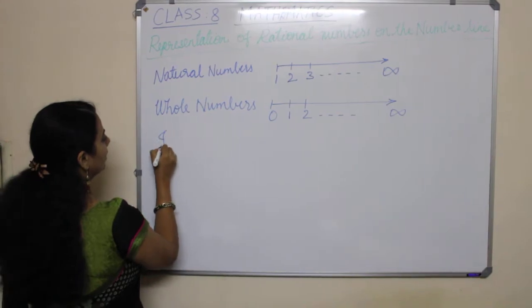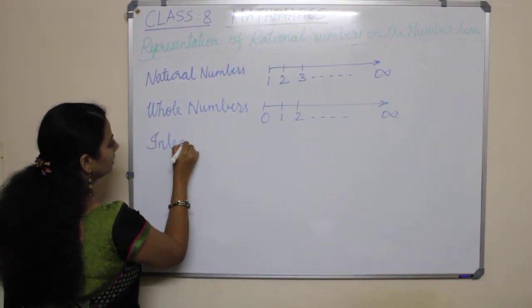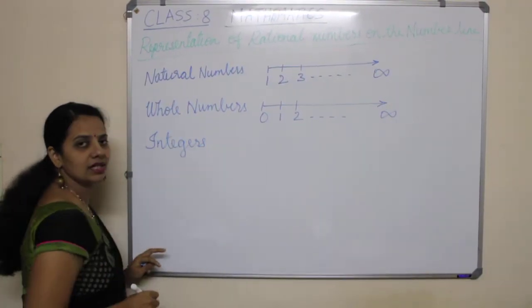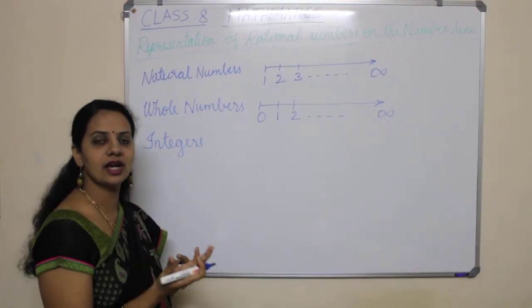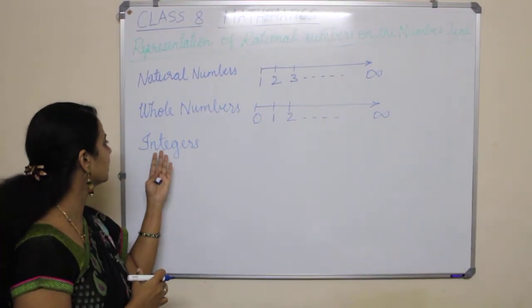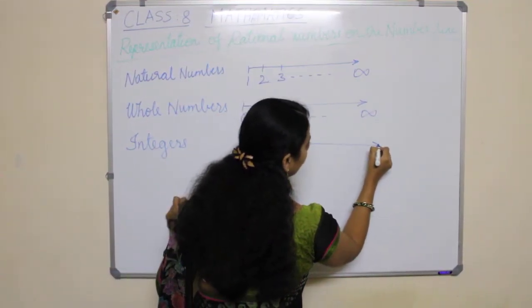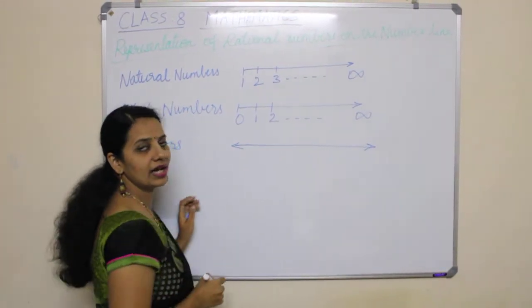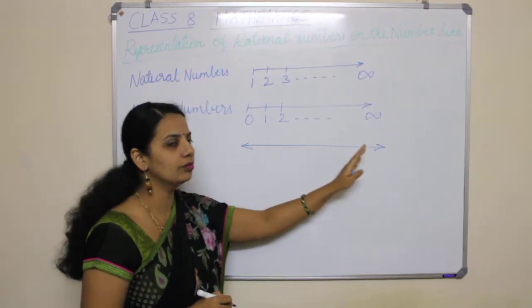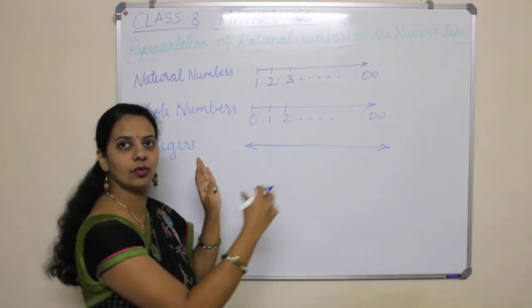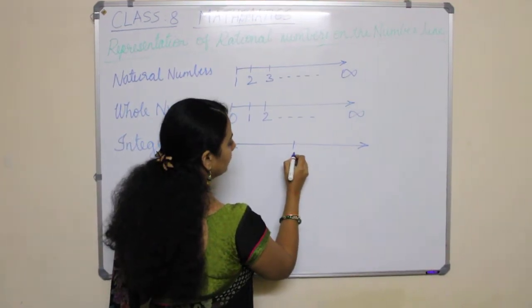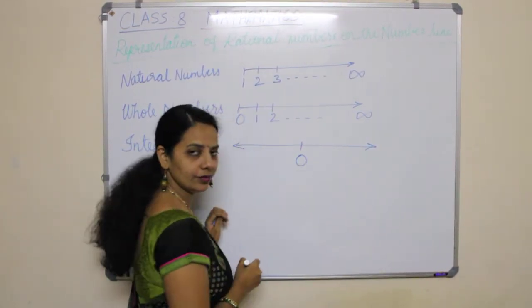I am sure you have learnt about integers also, right? So what do you mean by integers? Integers are the set of numbers which have negative numbers, 0 and positive numbers. So how do we represent that? This number line will have an arrow mark on both sides because it extends both sides. In the middle of the number line you have a 0.